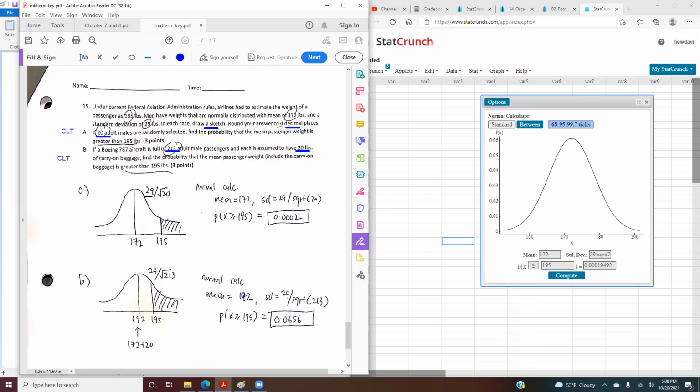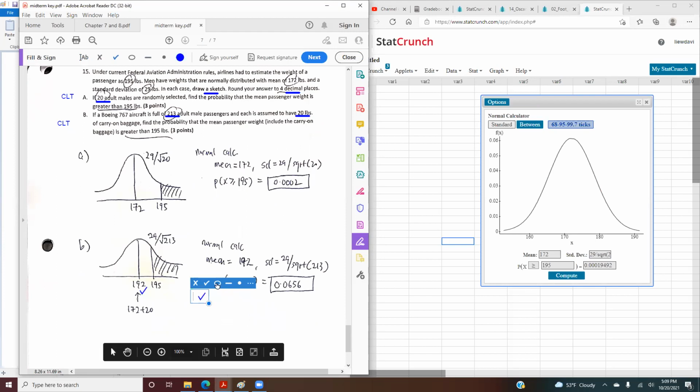So when you have a 20-pound carry-on, your mean will become 192, not 172, because it's been increased by 20 pounds. 172 plus 20 is 192. And your standard error is not 29 over root 20 because we are not talking about 20 people. We're talking about 213 people.